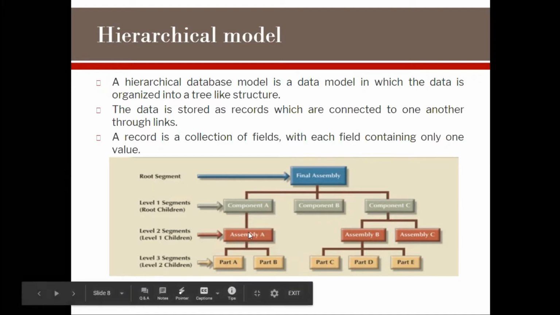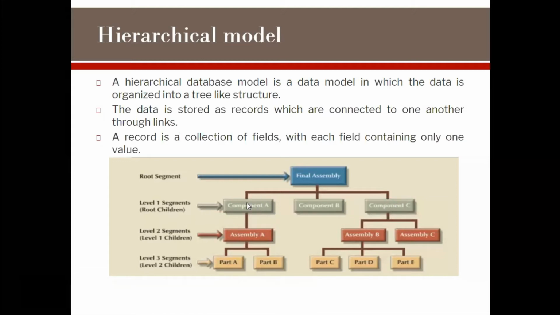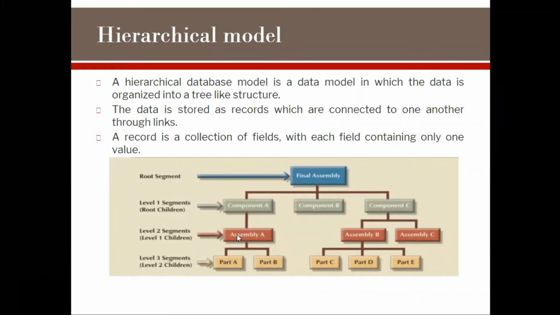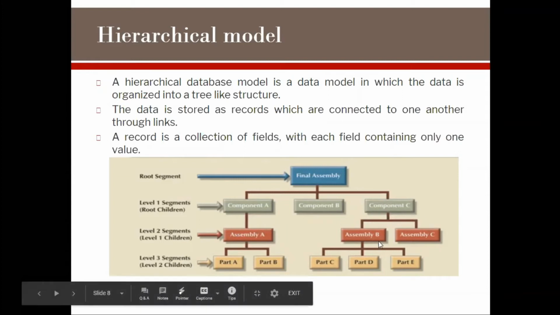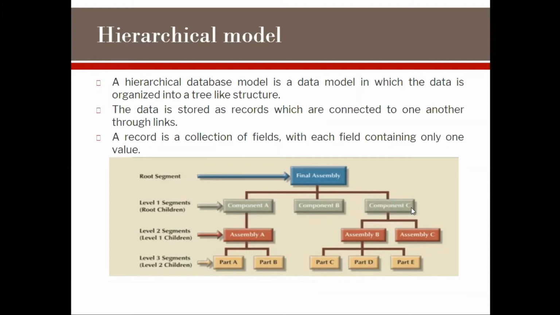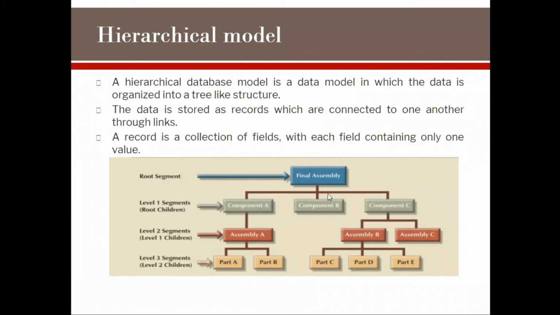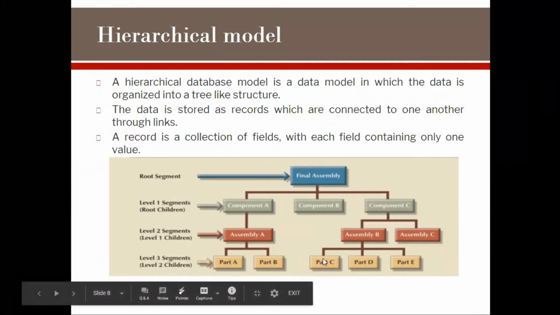Okay, and then you have assembly A, which is again a child segment for your root child, that is component A, and part B is again the child entity that is a part of a root child, that is assembly A. Okay, so it's the same way for component C. We have hierarchy and we have parent child relationship, and these kind of entities, okay, or records are connected through, and these arrows here are known as links. And this is how you represent this in the form of a tree like structure.